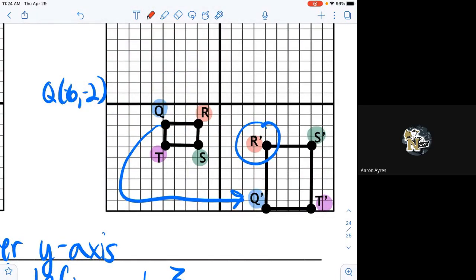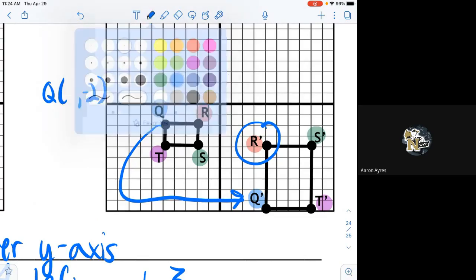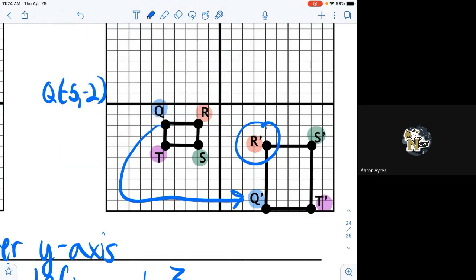So for Q prime, I'm sorry, that's -5, -2. My mistake. I can't count today. Okay. So then for Q prime, I got the point 4, -10.